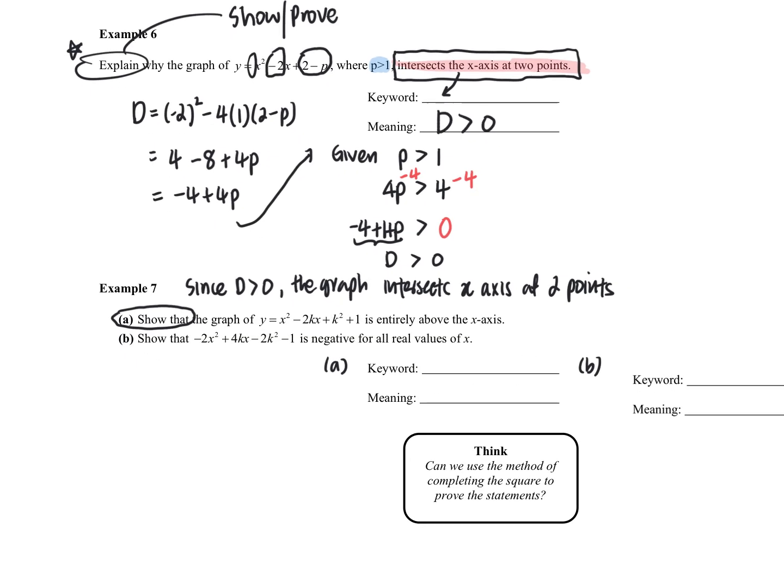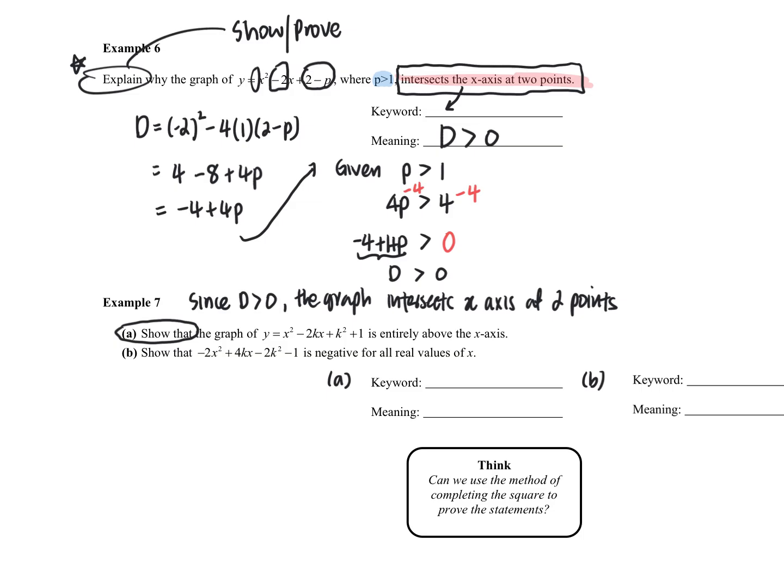Find a space somewhere. So this one, when it's entirely above x-axis. Yesterday we all agreed that for a graph to lie completely above, it must be a smiling curve. If not, it cannot lie entirely above. So when you have a smiley curve that lies entirely above, there's no real roots, no intersection.